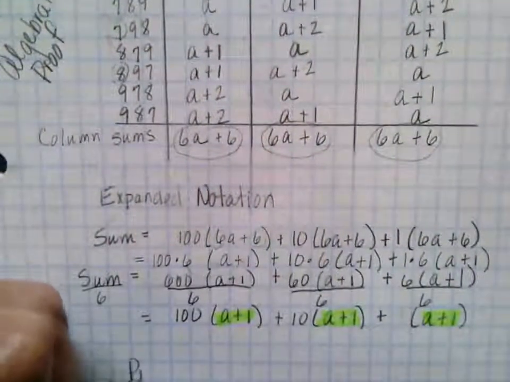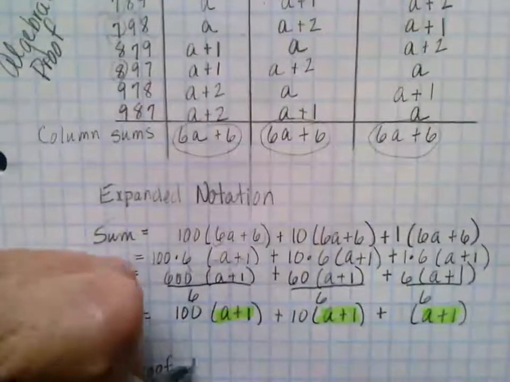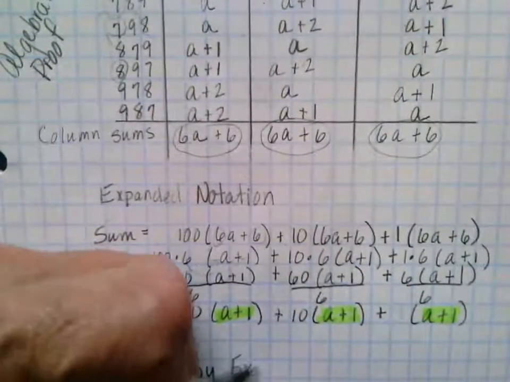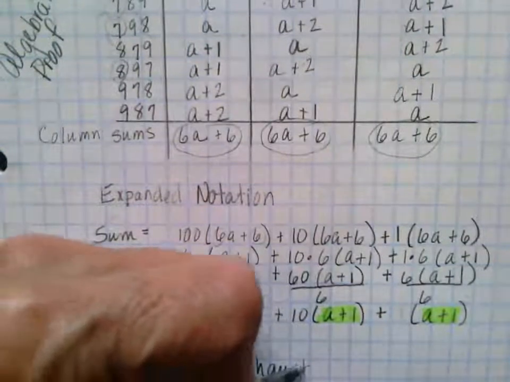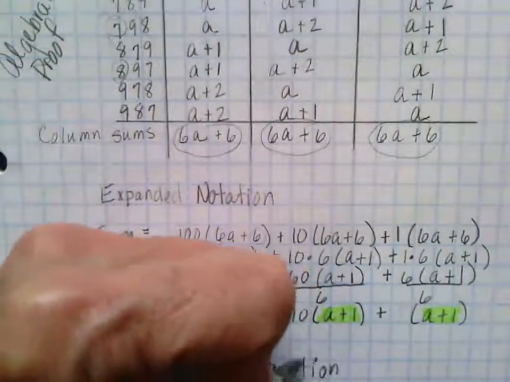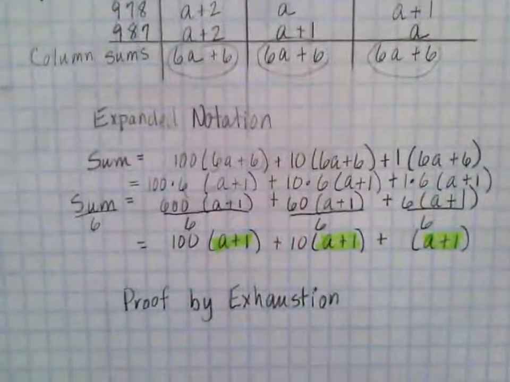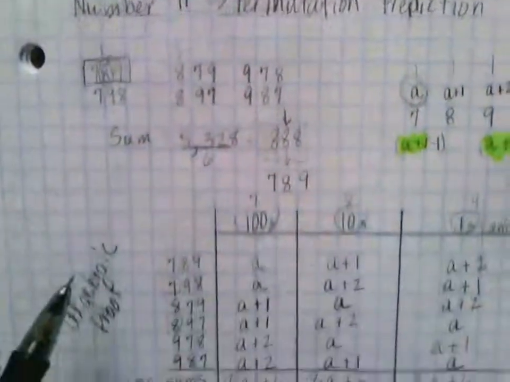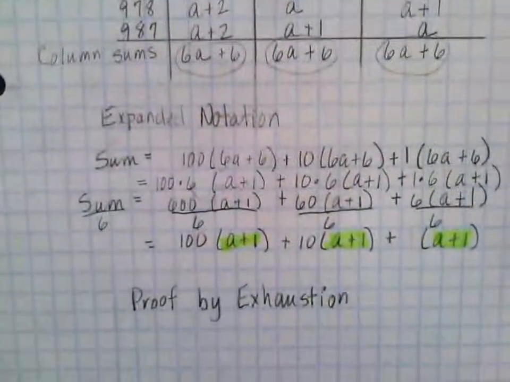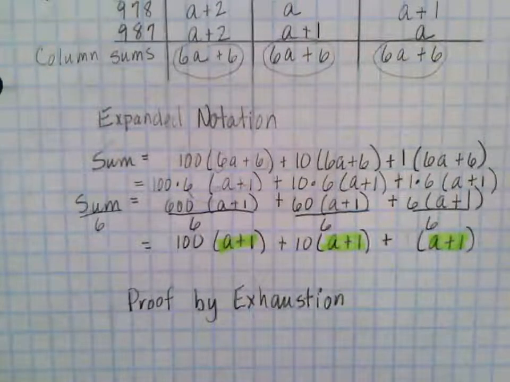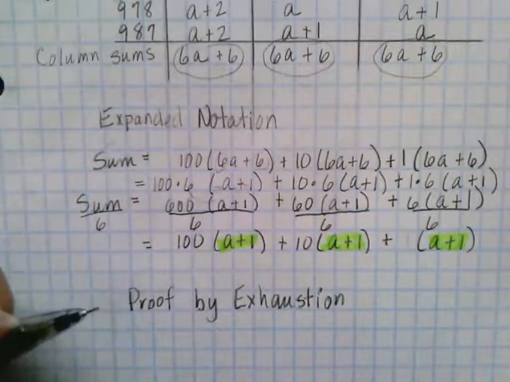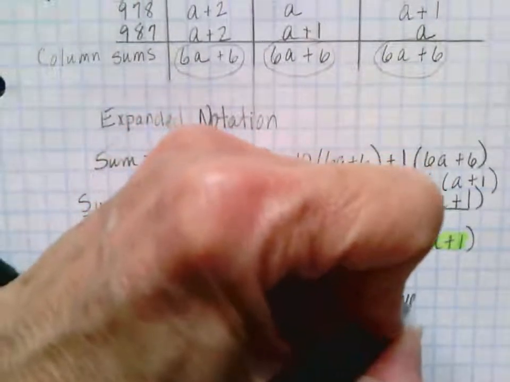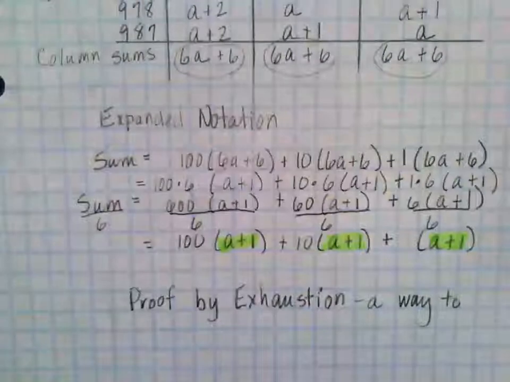There's also another kind of proof, and that's referred to as proof by exhaustion. Proof by exhaustion means I'm going to prove this is true because I'm going to check every single possible number combination there is, and make sure that it works every single time. So proof by exhaustion is another way to prove something without using algebra.